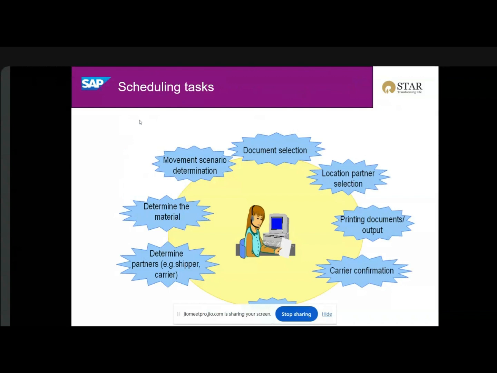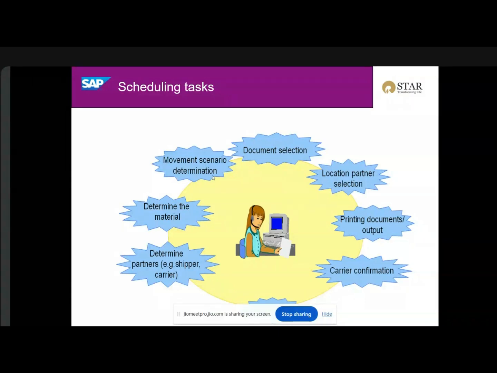The scheduling task, the planning. So in the planning, these are all the activities you have to do. Determine the partners, so which shipper or carrier you are. Determine the material, which material you are purchasing. Movement scenario determination.